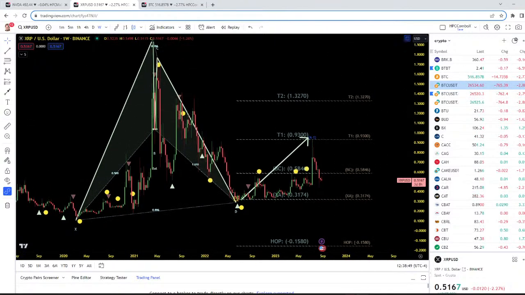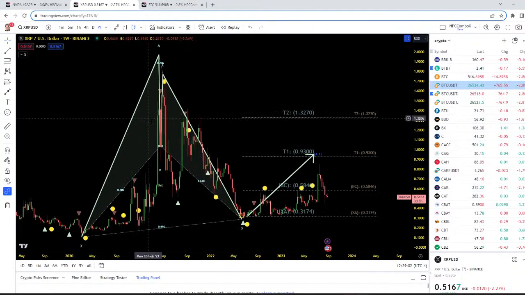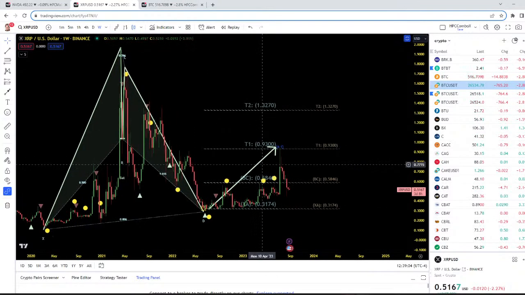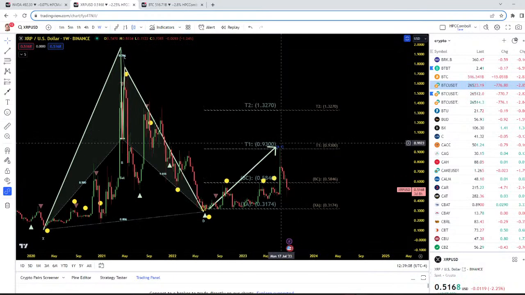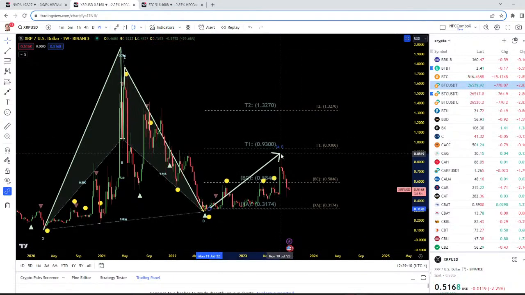What percentage is that, target 1 for a type 1? Well, it depends on the pattern. It's generally a 382 move. Yeah, minimum 382 if you want the type 1 to be official, for the most part.